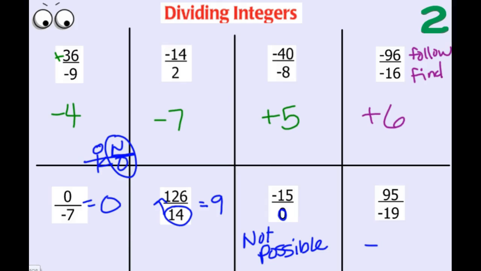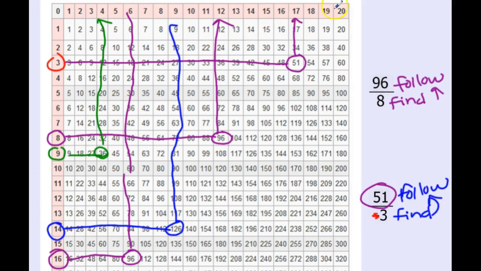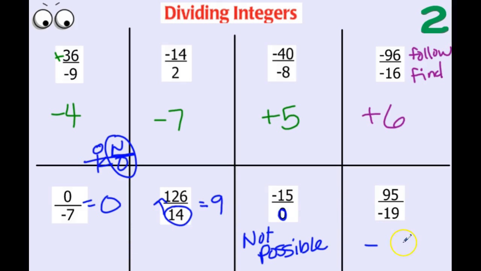I'm going to find this 19 and follow it to 95. So find 19, follow to 95, and my answer this time is 5. Negative 5. So again, you can use your multiplication table for any of these.